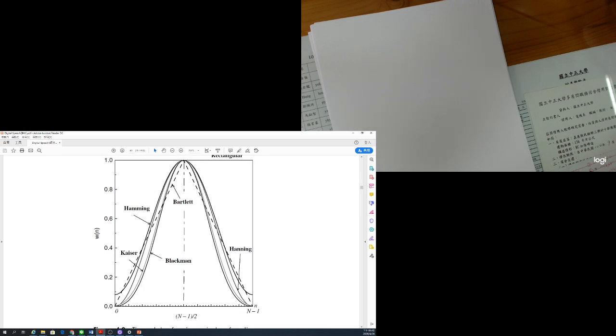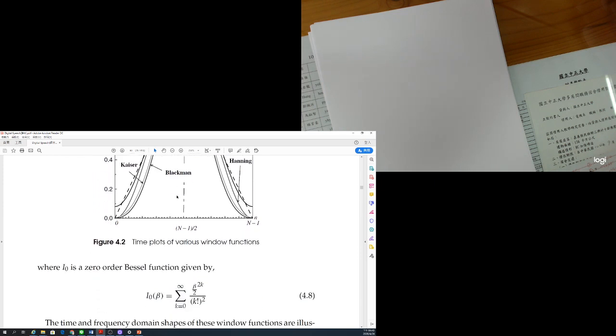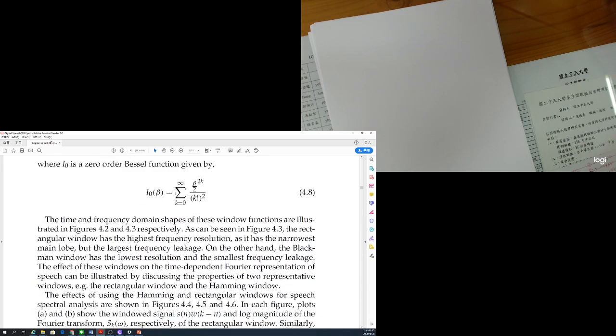The other windows make the boundary signal smaller, and in the middle try to keep the original signal as much as possible.